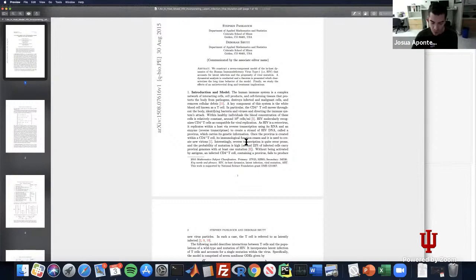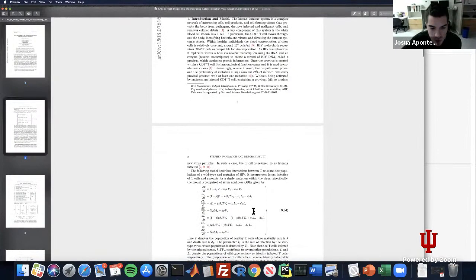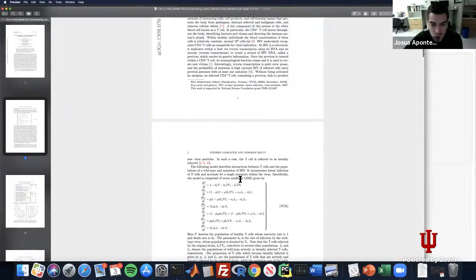So in this model, basically you have two types of viruses. Let's just draw the flow diagram, or the arrow diagram, of this model.